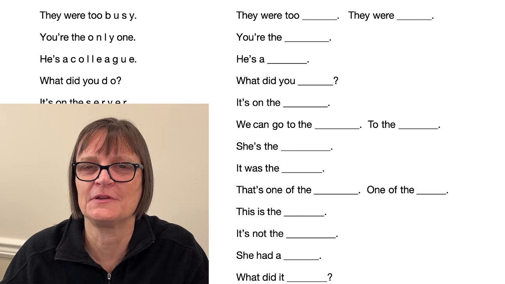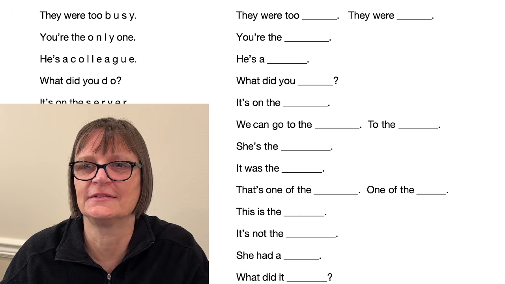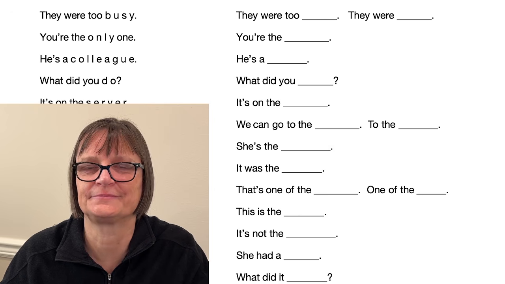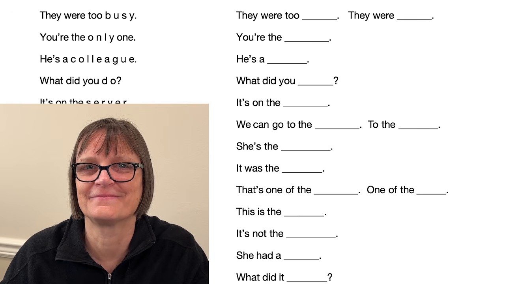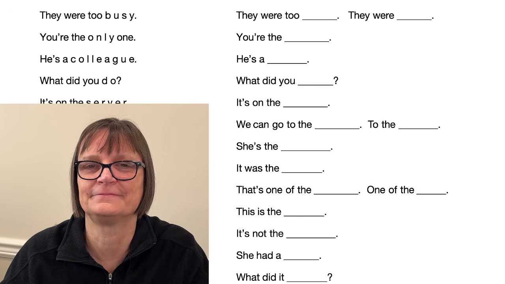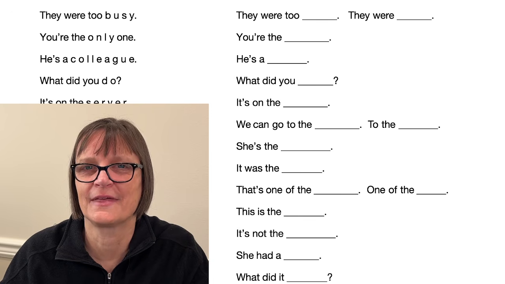Let's try the next one. We're going to stretch on colleague. He's a colleague. He's a friend. He's a father. Try that with mailman. He's a mailman. Try it with runner. He's a runner.